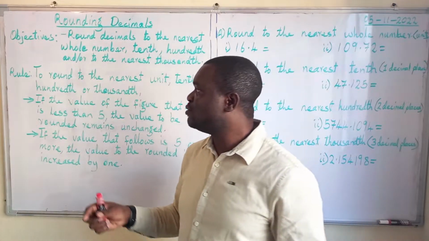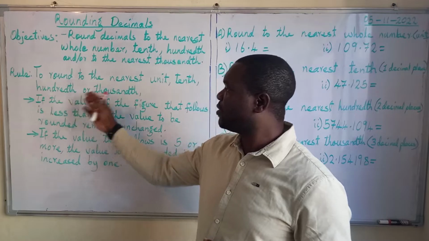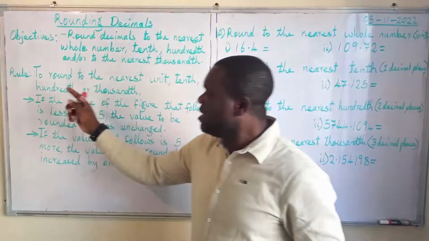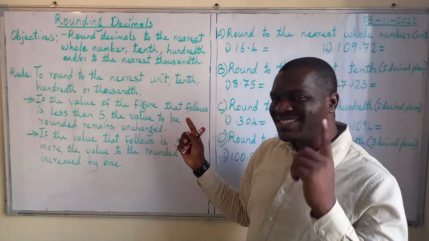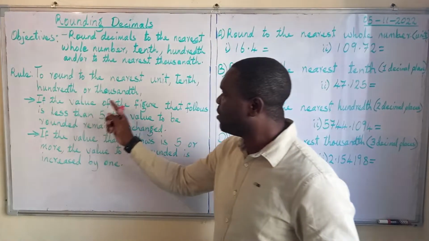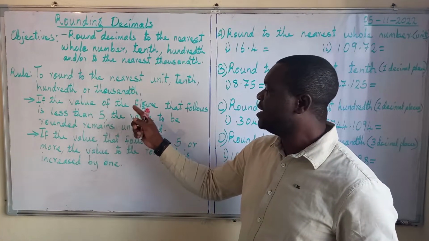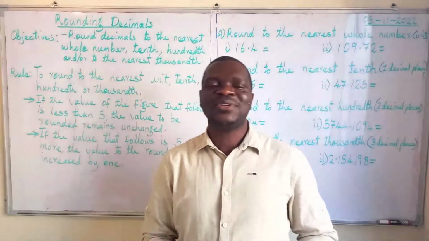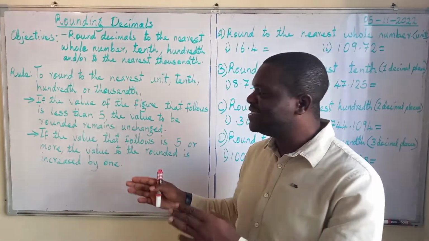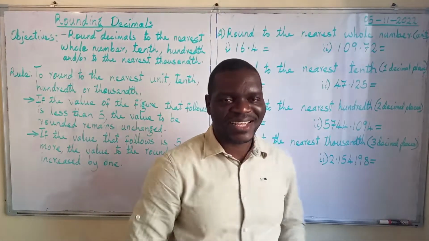The first thing to do is to round to the nearest unit, tenth, hundredth, or thousandth. First, if the value of the figure that follows, please take note of this, if the value of the figure that follows is less than 5, the value to be rounded remains unchanged. We are going to do this practically, and you will understand the exact meaning of this statement when we solve the examples.